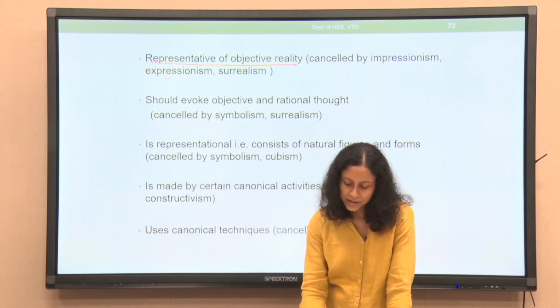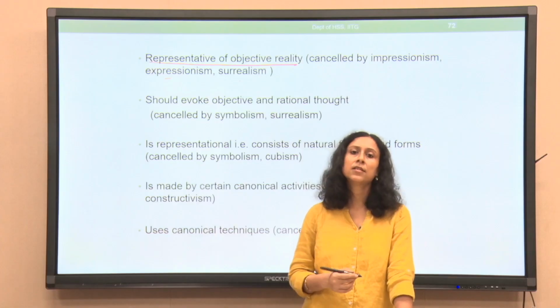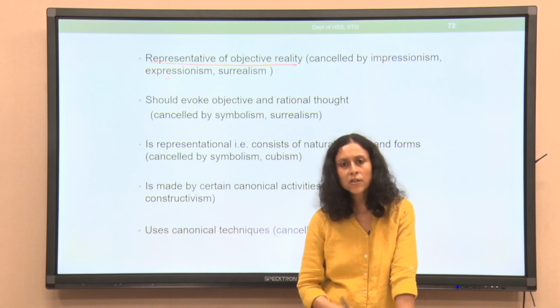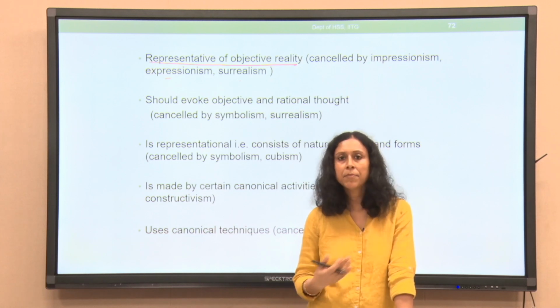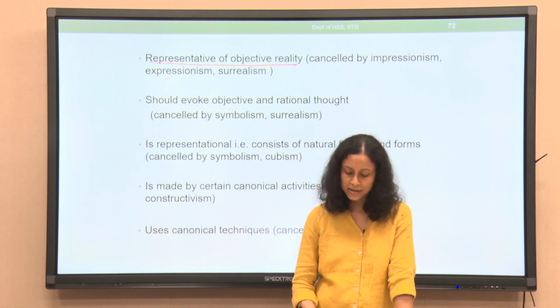The initial idea was that art should represent an objective reality. In the olden times, the paintings would represent religious figures or noblemen, kings and queens and so on. Later on there was a change through impressionism, where there is no directly perceivable objective reality present. Similarly, surrealism.